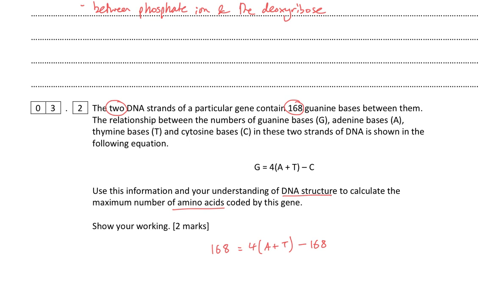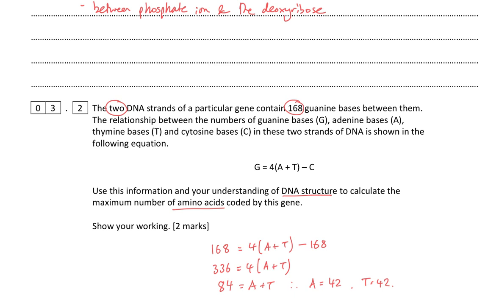Right, so I'm now going to add 168 to 168. So I've got 336 equals 4 lots of A plus T. Let's divide by 4 to get what A and T is. Divide by 4, which is 84. 84 equals A plus T. Therefore, A equals half of that, which is 42, and T equals 42.